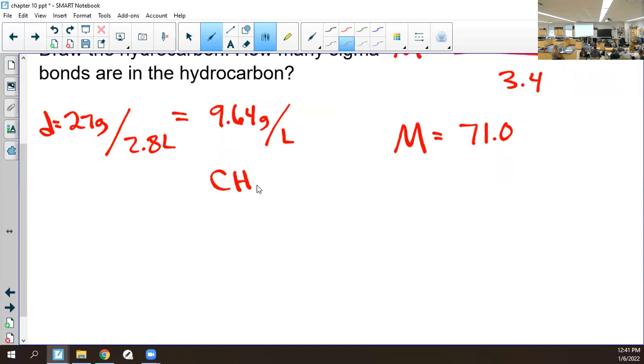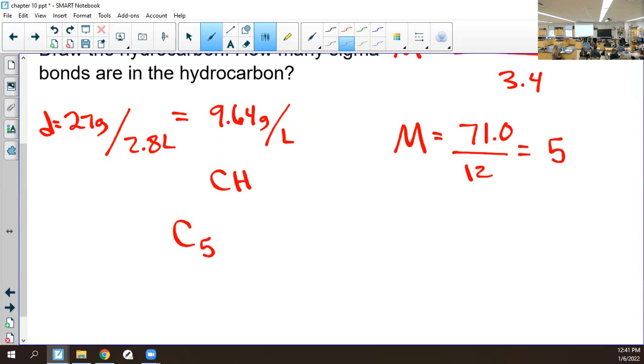So this is what I would typically do. I would divide this by 12. And what does that equal? Almost 6. So I'm going to guess this is a 5, because I can't round up. 12 is the mass of carbon, correct? It's the most massive part of this. So I'm going to go C5.